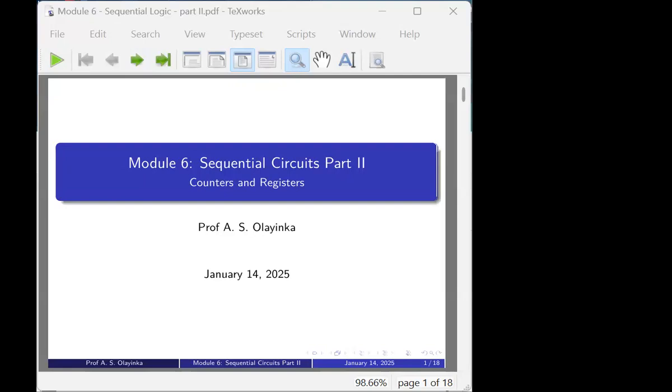Ojo Blessing, what do you understand by counters in sequential circuits? She's not here, or he's not here. Okay, so not here.